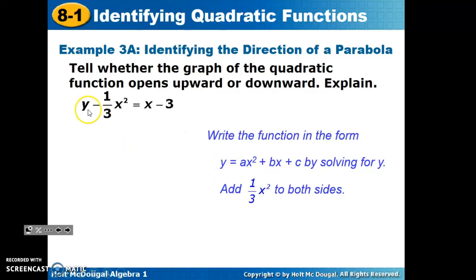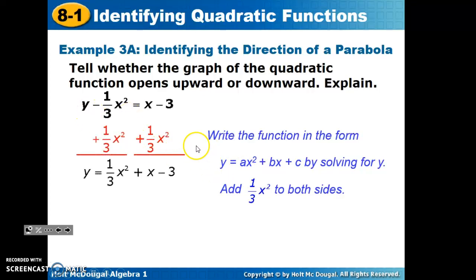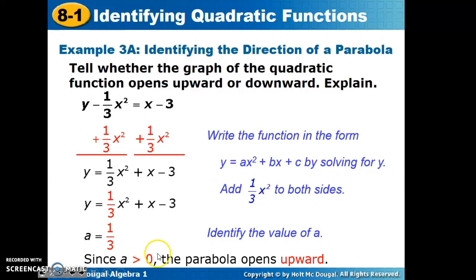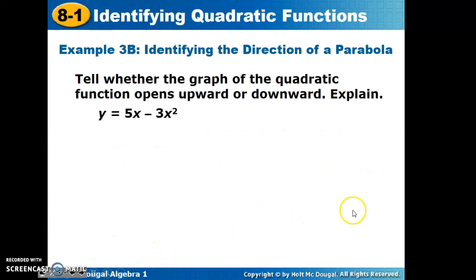So we're going to solve for y by adding 1/3 x squared to both sides of the equation. We can then see that a is positive, and from the notes that you just took, you now know that this parabola opens upward. Identifying the value of a is 1/3, a is greater than 0, it opens up.